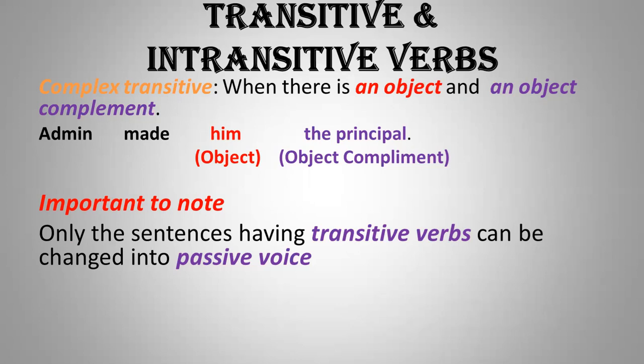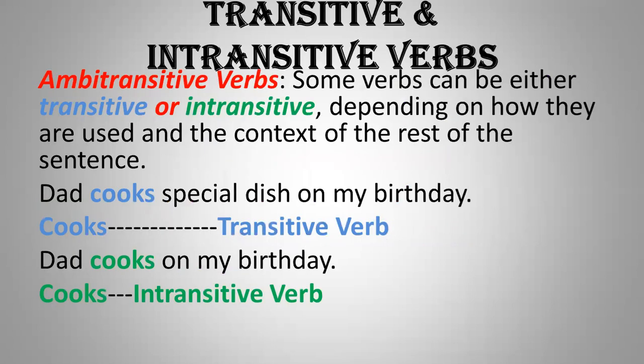That's why it is called object complement, and the construction is called complex transitive construction. It is also important to keep in mind that sentences having transitive verbs can be changed into passive voice, and not the ones having intransitive verbs.